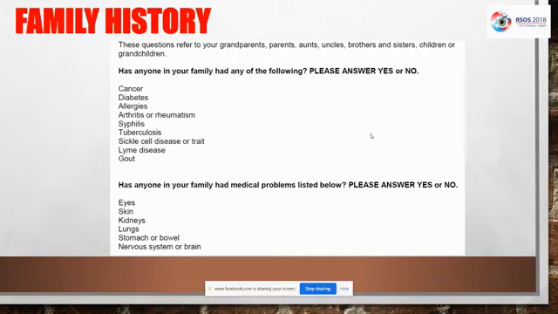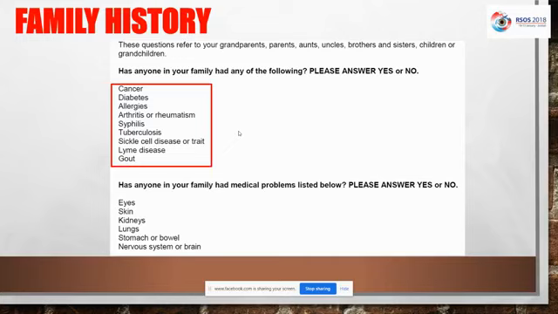The family history: the patient should report if there is any of those diseases in the family, through a questionnaire. The patient should answer whether anyone has a history of diabetes, arthritis, rheumatism, syphilis, tuberculosis, sickle cell, Lyme disease, and gout.